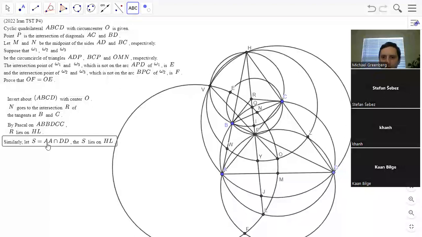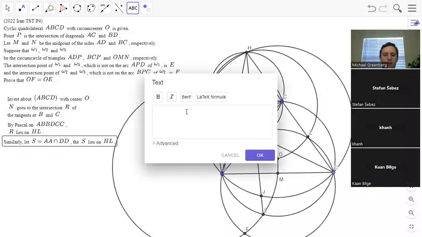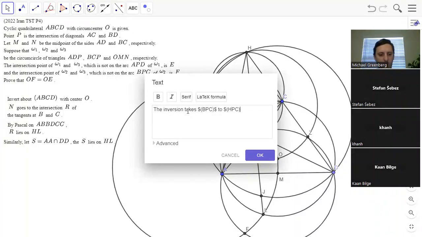So we have BPC goes to HBC. BPC to HPC, and APD to HPD.